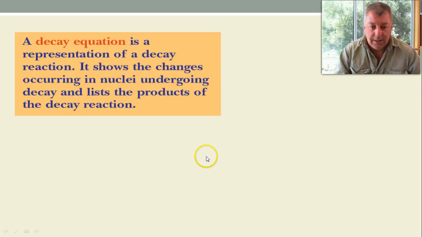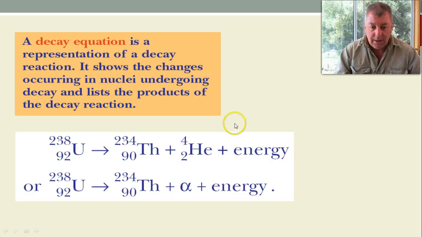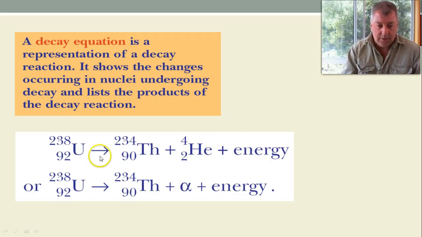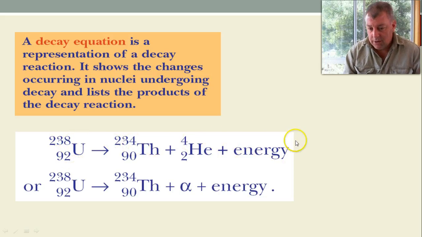Now, we've talked about the decay equations, and so here's some more examples of alpha decay. This is a different one, uranium-238 going to thorium, plus energy, so you don't have to write the gamma symbol. You could write the gamma symbol.